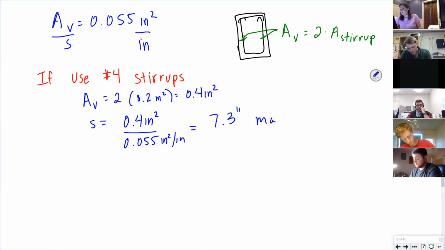This is my maximum spacing for the strength requirements.